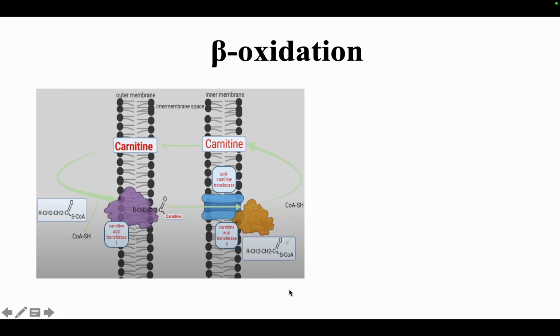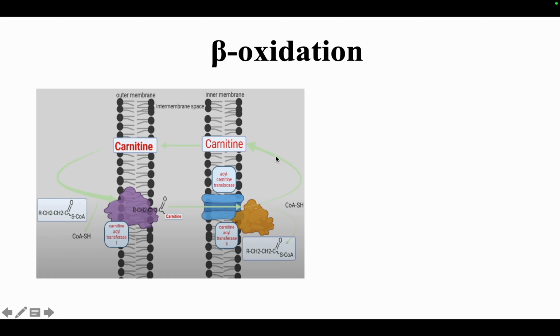Now beta oxidation is regulated by the carnitine shuttle. So what is this carnitine shuttle? Whenever this higher molecular weight acyl CoA chain of fatty acid is formed, it has to transfer from the cytosol to the mitochondria.